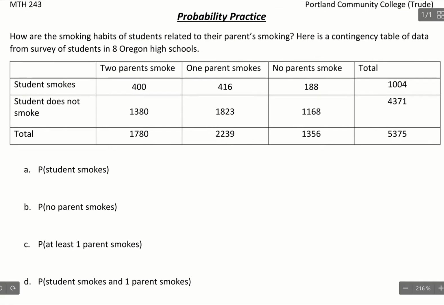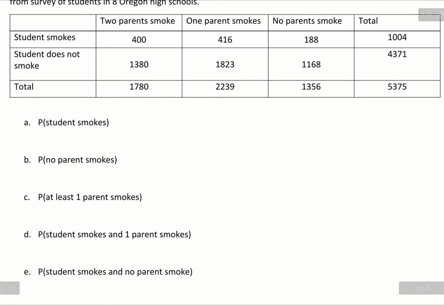For the first question, we're looking for the probability that a student smokes. This is the case of looking for the probability of a single characteristic, meaning we're really looking at just this group here. We want to see how many people fit this group of students that smoke.